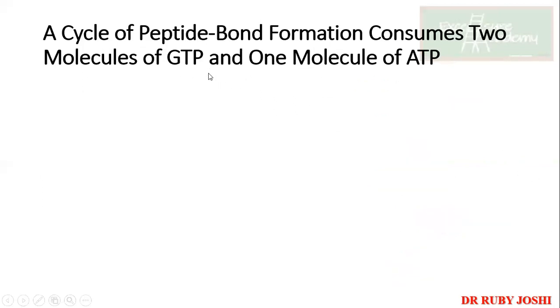Now, a cycle of peptide bond formation consumes 2 molecules of GTP and 1 molecule of ATP. Now, who can tell me this answer? Yes, Tanvi, would you like to try? कहाँ पे हमने ATP use किया and कहाँ पे हमने GTP use किया to make one peptide bond formation?